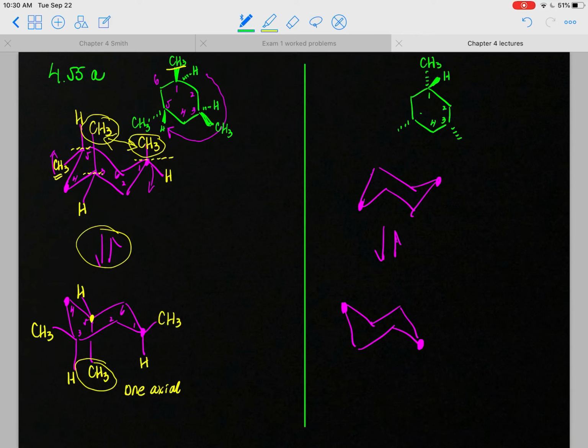I'm going to number this clockwise 1 through 6, and I'm going to make those groups a very clear CH3 group. I'm going to draw the missing hydrogens in with wedges and dashes as needed. Now remember, again, we number these clockwise still.